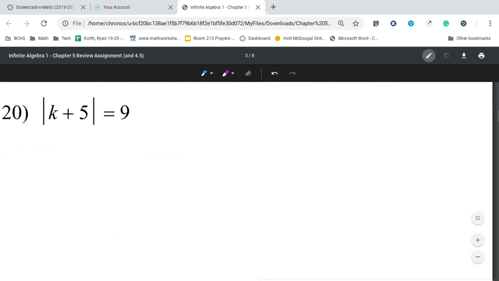Step 1, absolute value by itself. There are no operations occurring outside of the absolute value. All of the operations are inside absolute value symbols. Step 2, is it possible? Yes, it's possible because it's positive or 0. Non-negative. We cannot take the absolute value of something and get a negative answer. Set up two equations, one with the positive, one with the negative.